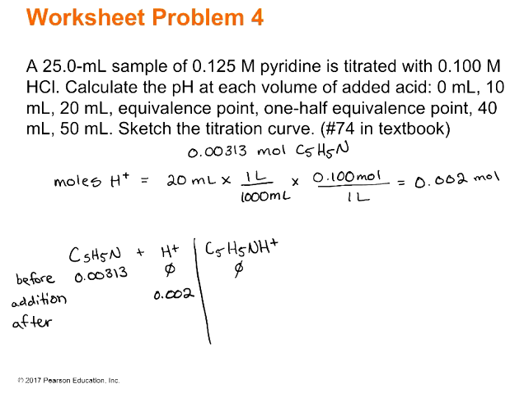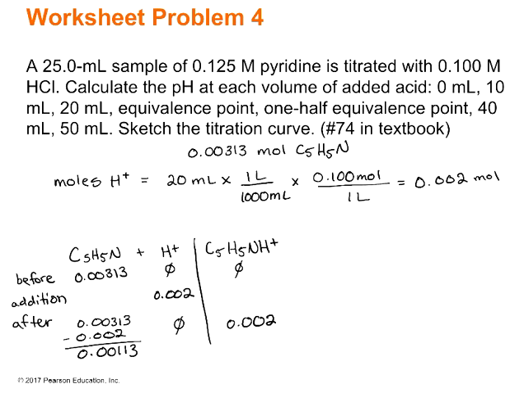After addition and reaction, we won't have any hydrogen ions left. Then we take the difference between those amounts to determine how much of our weak base we have left. So we have 0.00113 moles of weak base. And for the acid, we're going to gain 0.002 moles of conjugate acid.